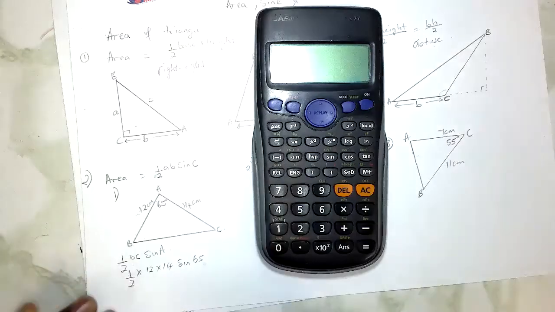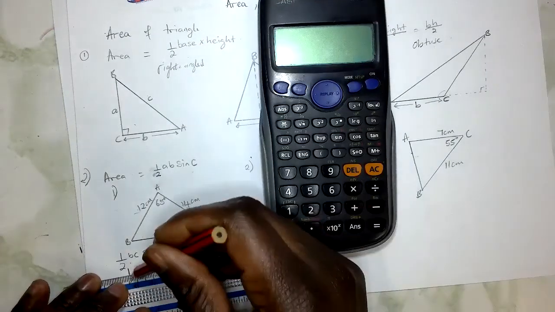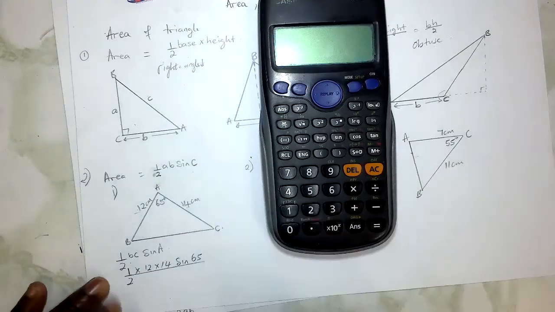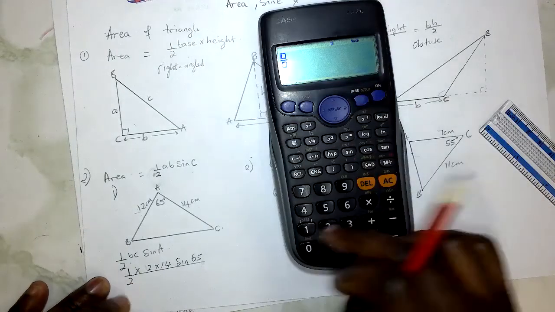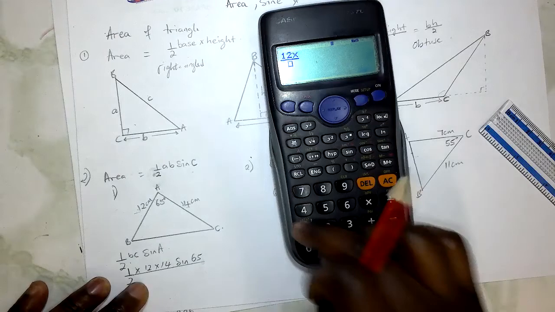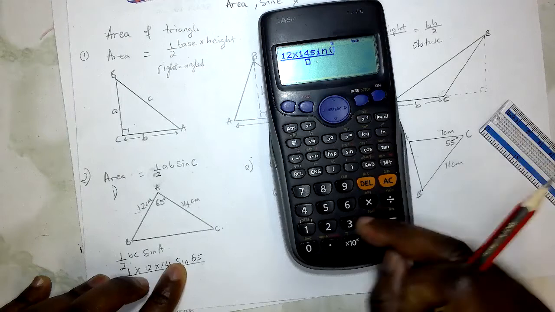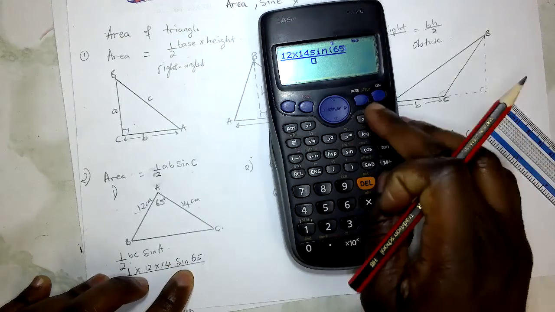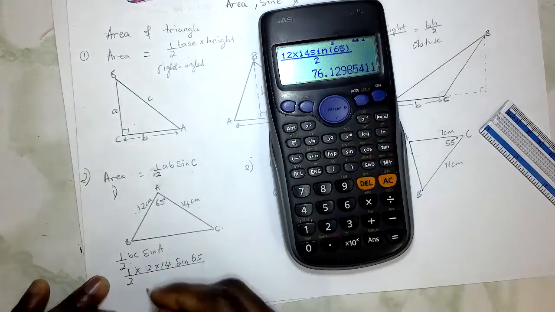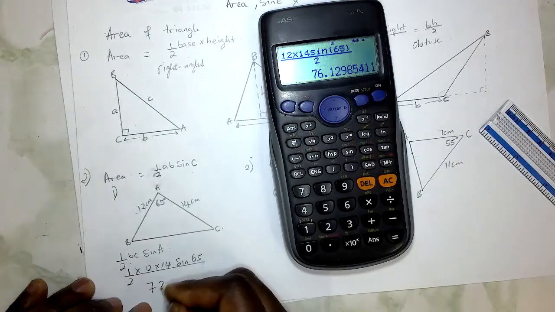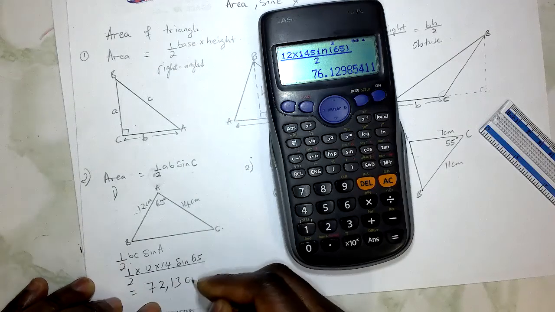Now, when we punch it in, I normally want to put the underline here. So we have 12 times 14 times sine 65, over 2, and we get 72.13 square centimeters.